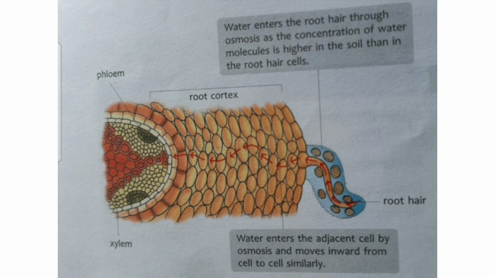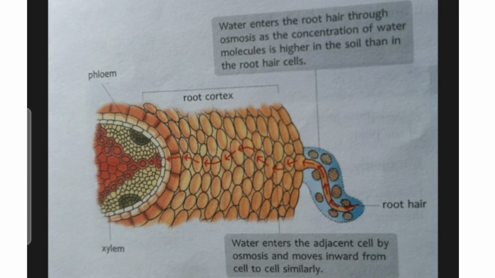Here is a picture. Here you can see that the xylem is present, and the phloem is also present. Here the xylem is pointed out, and here is the phloem. The root cortex is also shown in this picture, as well as the root hair. So the water enters the adjacent cell by osmosis and moves inward from cell to cell similarly.